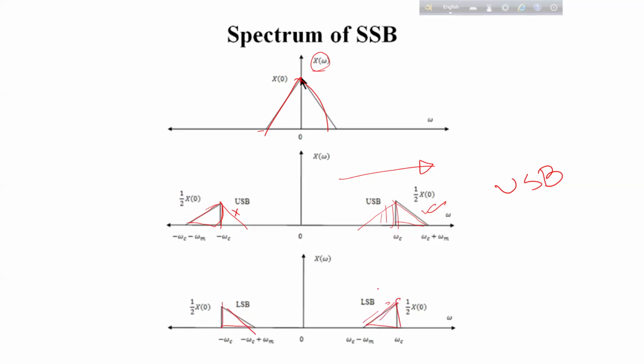If we allow only the lower sideband, we get a spectrum like this. If we have only the upper sideband, the spectrum will look like this. If we pass only one sideband, this modulation is known as single sideband amplitude modulation.